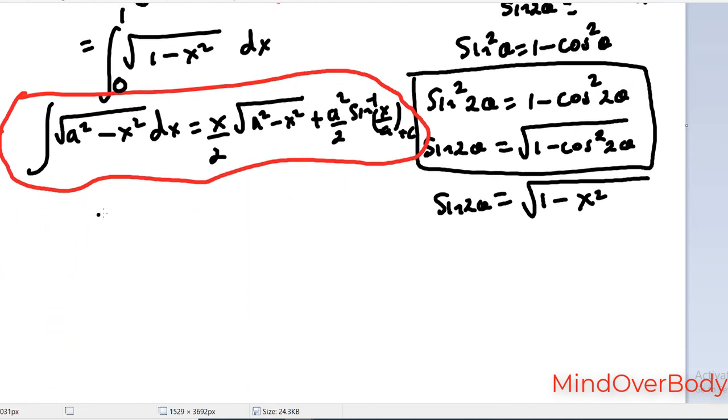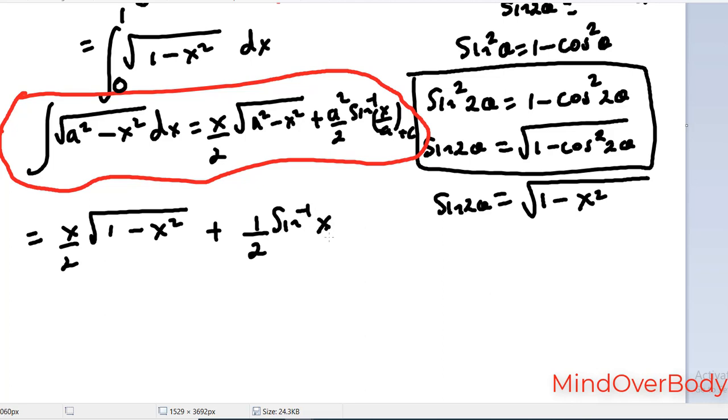Now if I translate the formula for root of 1 negative x squared, I would have the following. This is going to be x over 2 times square root of 1 negative x squared positive, my a is 1, so it's going to be 1 over 2 times sine inverse of x. Now the limits are 0 to 1.